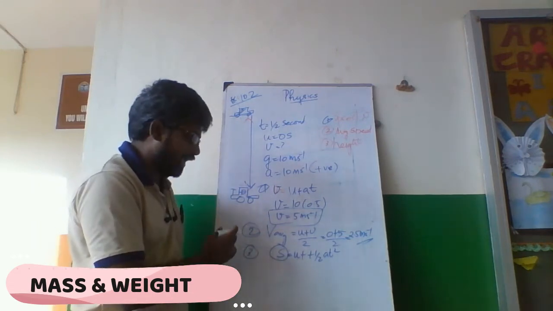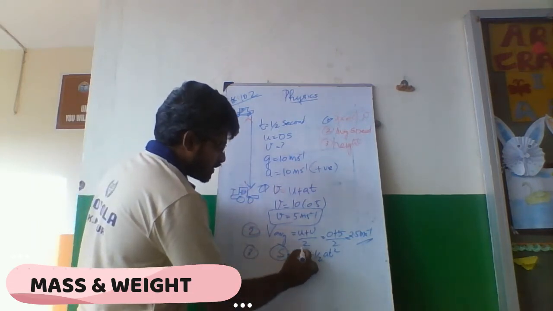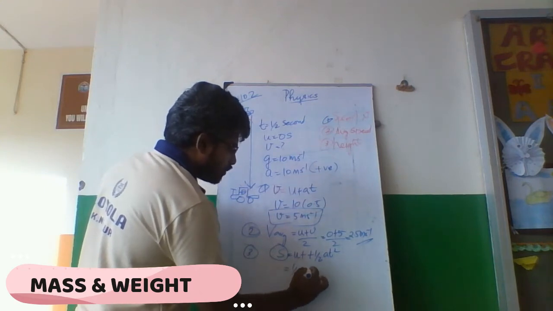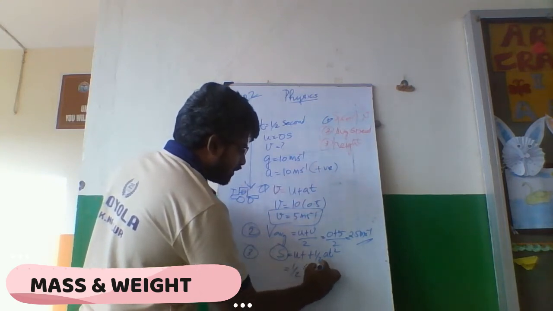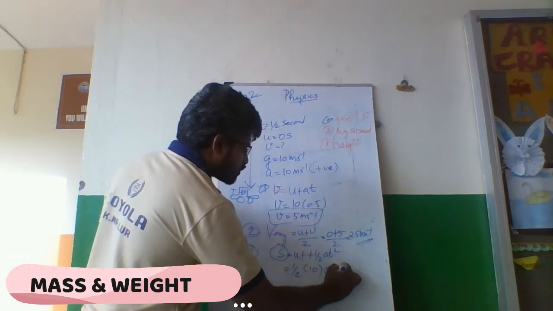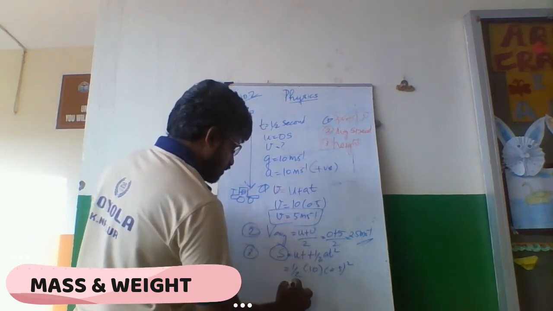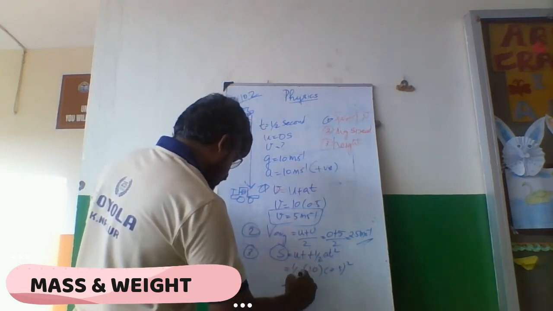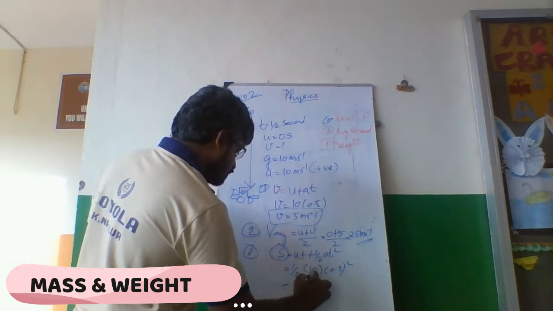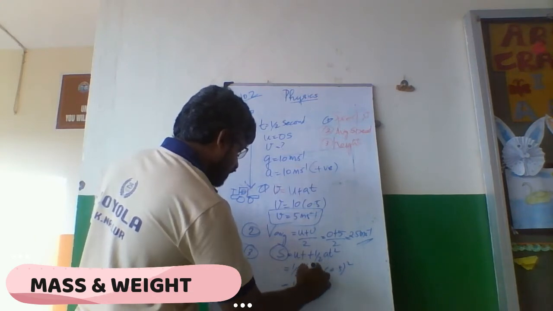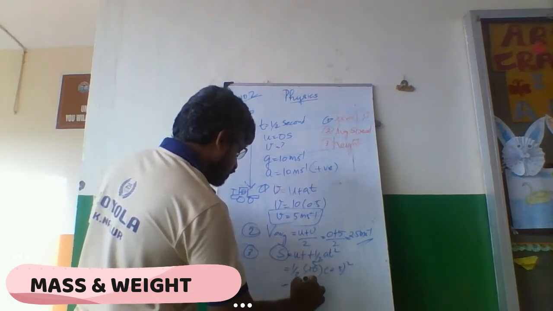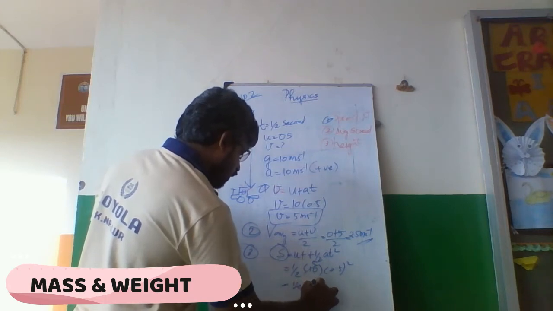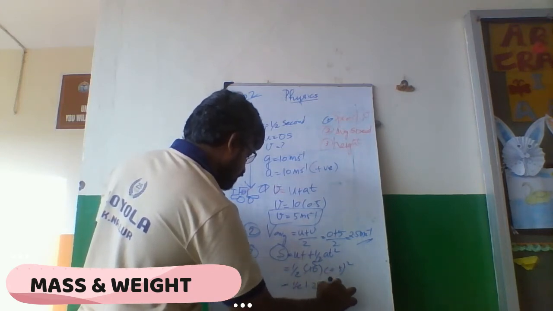Here it is height. u is 0, so this is 0. Half into at square. a is 10, t is 0.5 square. That's all. When you do the calculation, half into 10 that is 5, into 0.5 square, then that is equal to 1.25 meters.